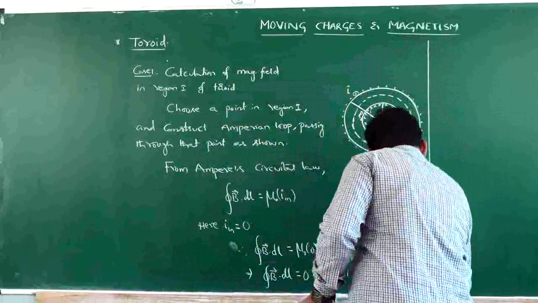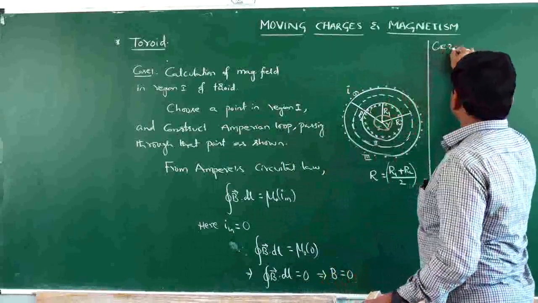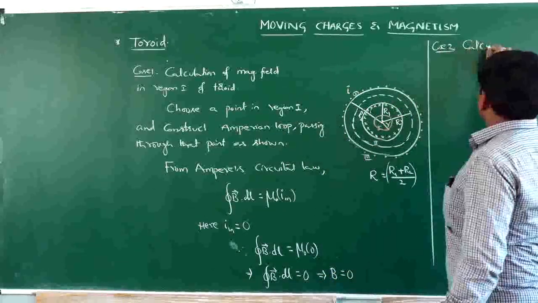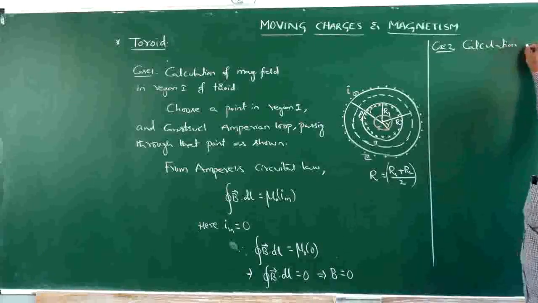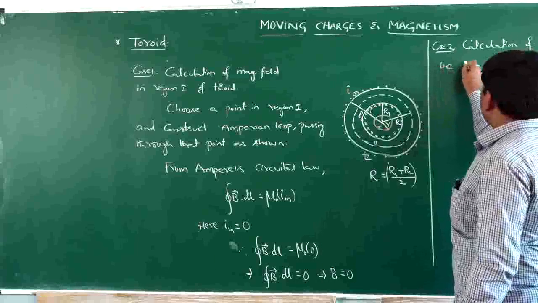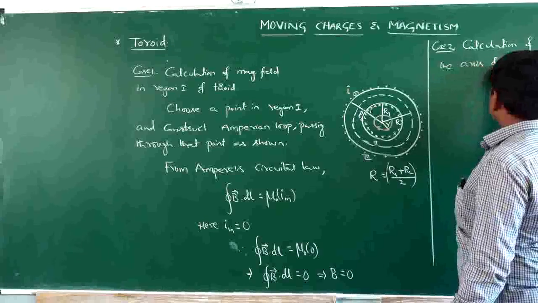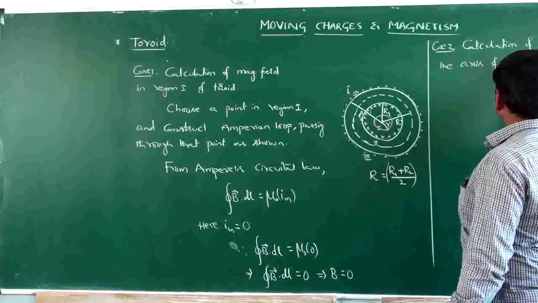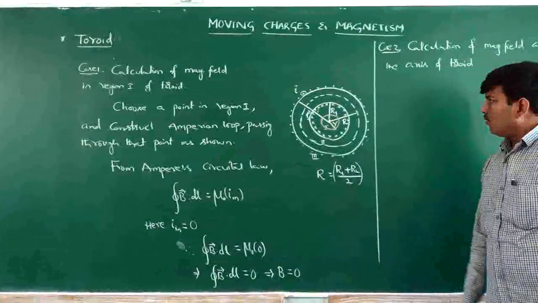Next, case 2: calculation of magnetic field along the axis of the toroid. Now, what do we need to do?